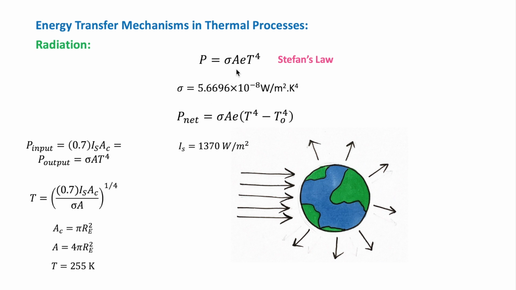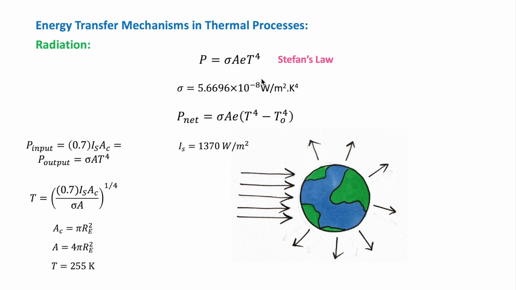A is the surface area of the object in meters squared, e is known as the emissivity, and T is the surface temperature of the object in kelvins. The emissivity has a value between 0 and 1 depending on the properties of the surface and is equal to the surface absorptivity, which measures the fraction of the incoming radiation that is absorbed by the surface.